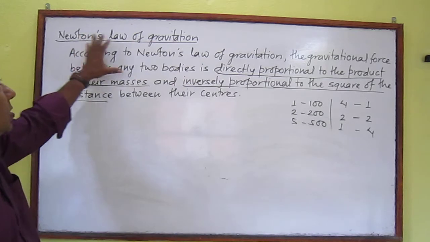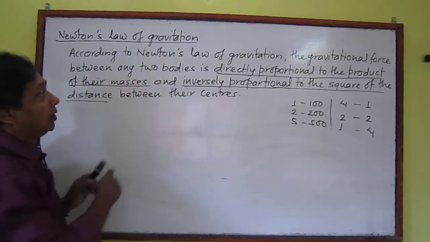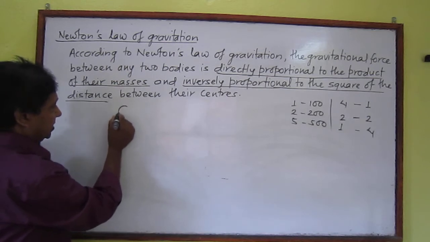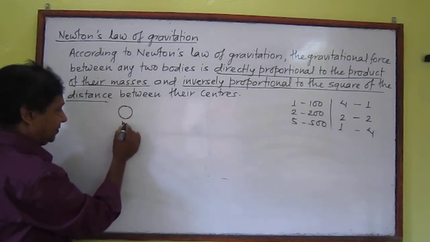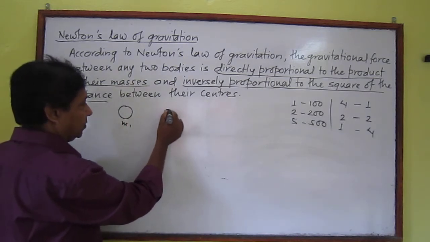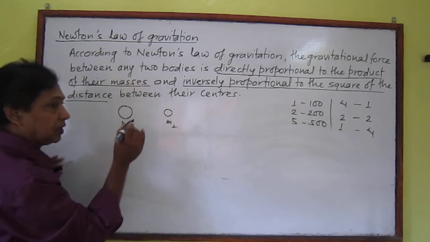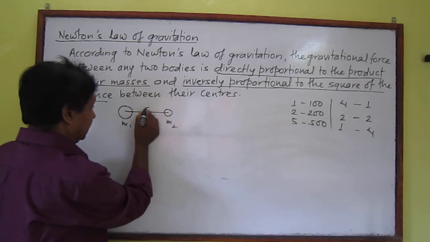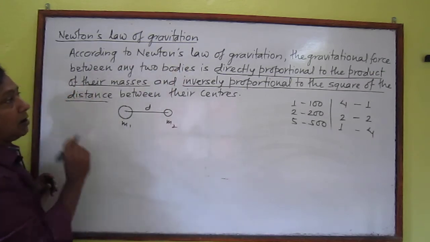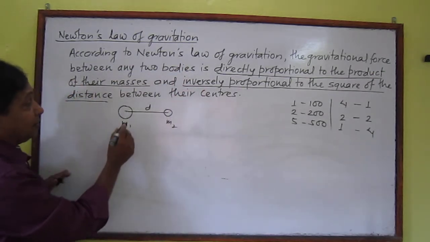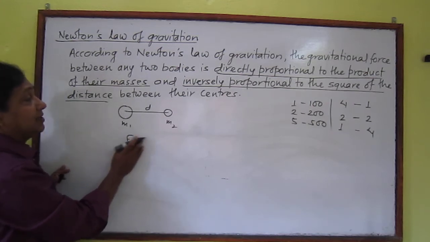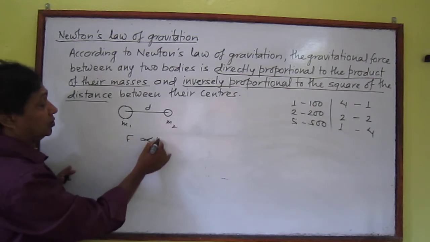Now, I want to come back to gravitation. What was told by Newton: if this is a body having mass m1, this is another body having mass m2, and they are separated by a distance d, according to Newton's law of gravitation, the gravitational force F between them is directly proportional to the product of their masses.